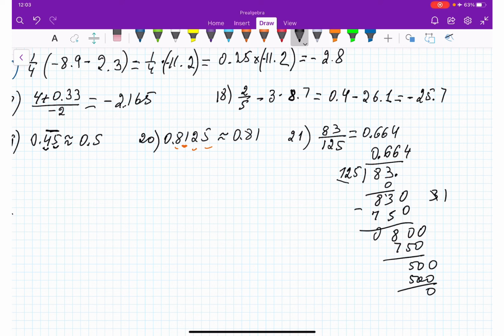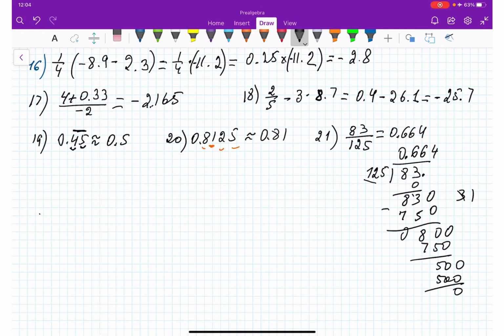22. It's a decimal, 6 and 3 over 20. 6 is a whole number, so 6 is going to stay there, and we don't bother to touch 6 anymore. So for 3 over 20, I'm dividing 3 by 20.